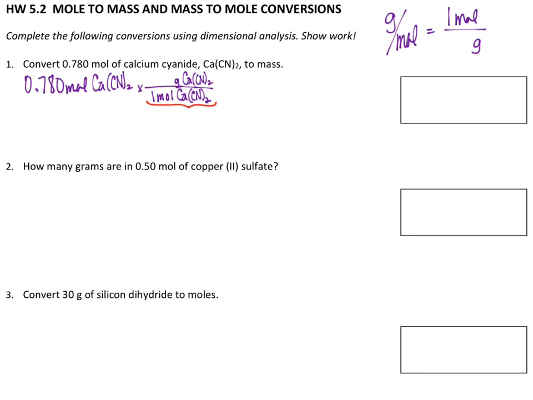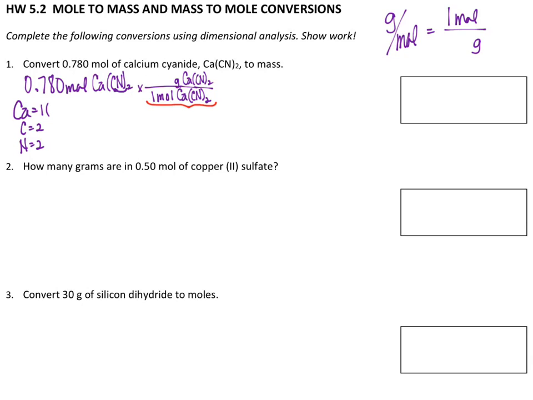To figure out molar mass, I'm going to use my periodic table of elements, and I'm going to separate my elements. Calcium, I only have 1 calcium, and next I have carbon. Because of these parentheses, you're going to distribute this subscript, so really I have 2 carbons and 2 nitrogens.